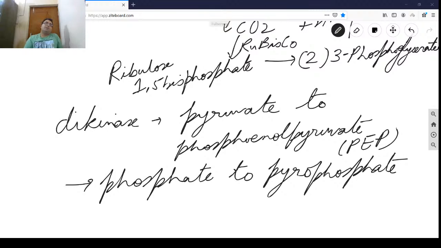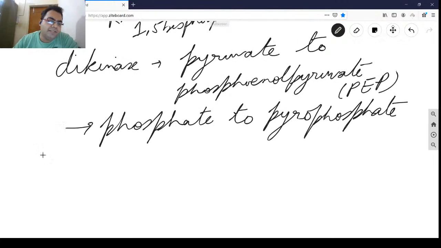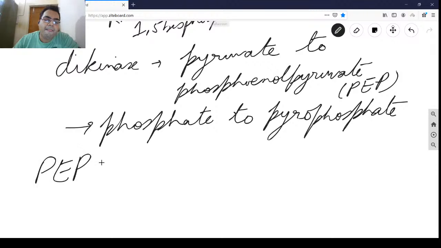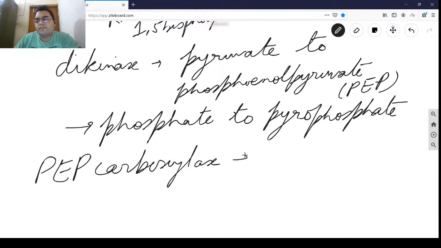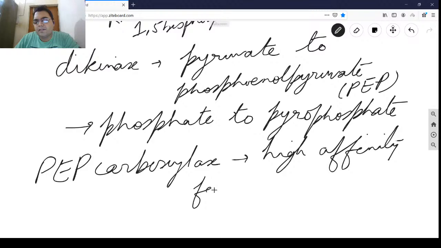So it has blocked the CO2 entry also in order to be on the safer side. And the PEP carboxylase has high affinity for HCO3 minus compared to CO2.